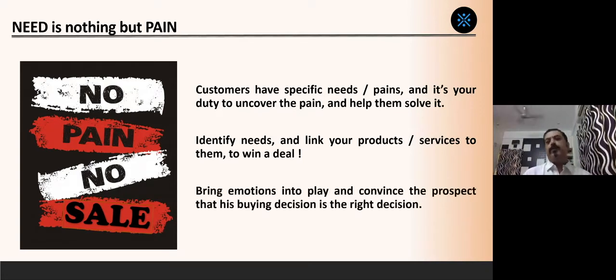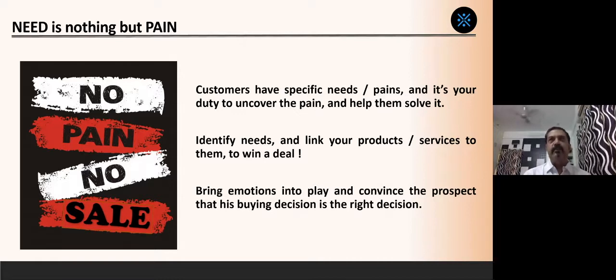And also in this process, you need to use a little tactic in terms of playing with the buying emotion. At the end of the day, you are selling to a person, a human being, and you need to influence a few things from an emotional point of view.